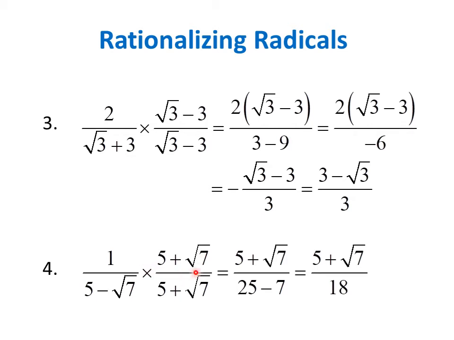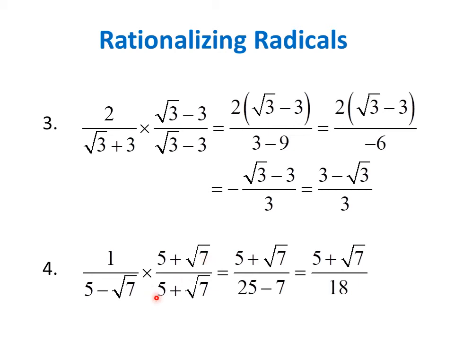Now we have to multiply that conjugate to both numerator and denominator of the fraction. Let's multiply the numerator. If we distribute 1 to the two terms in this binomial, we get the binomial 5 plus the square root of 7.